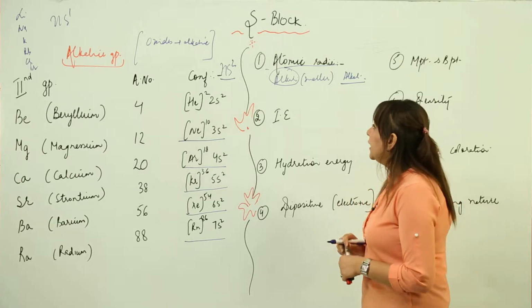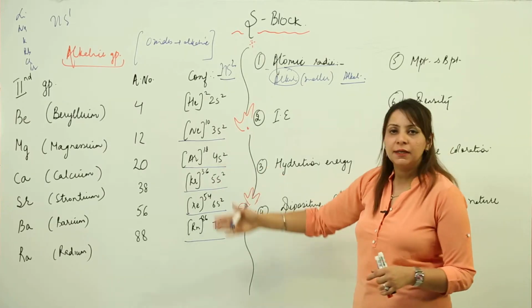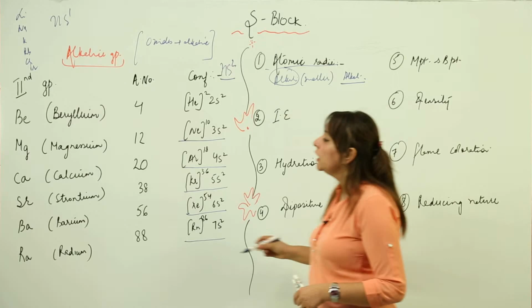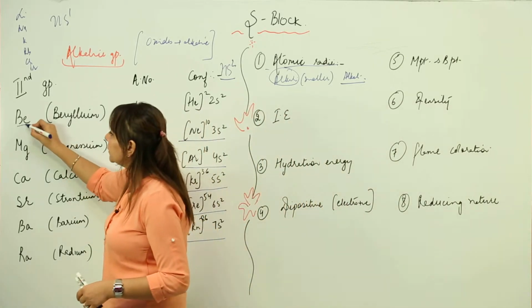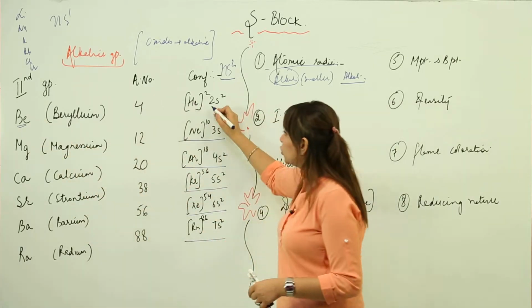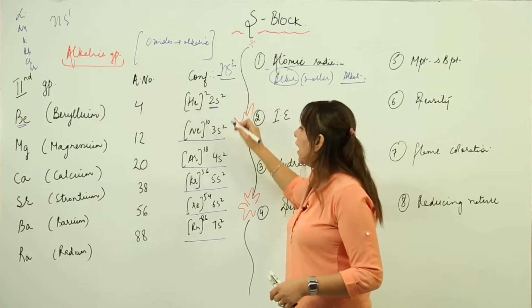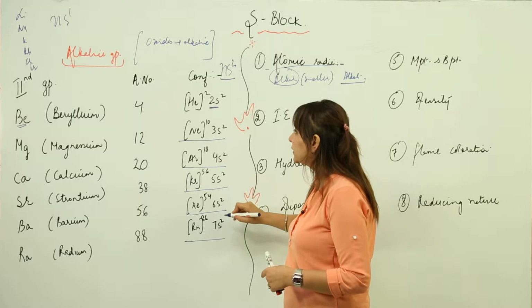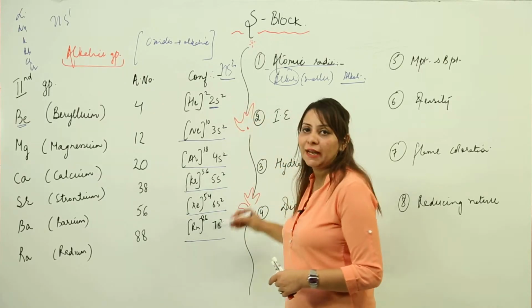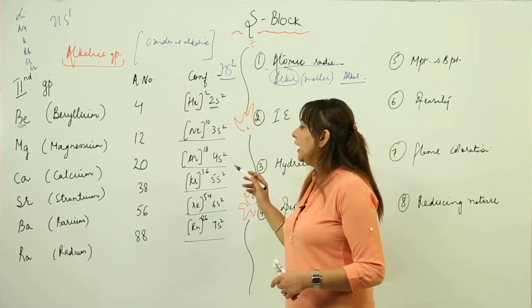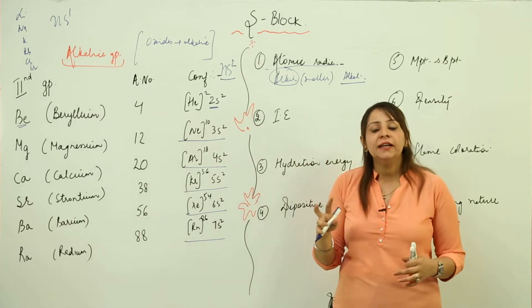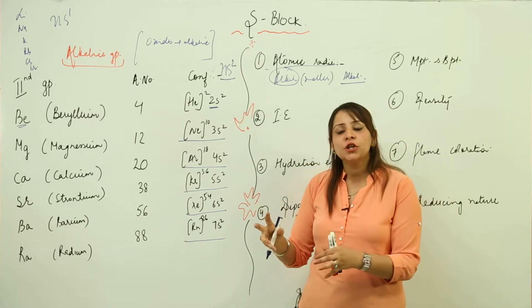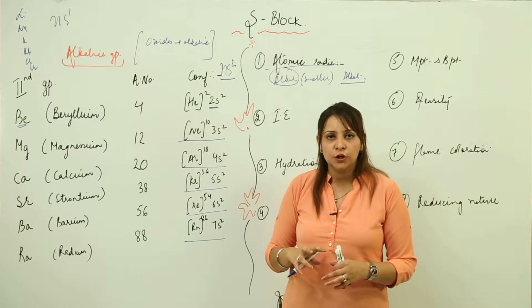If we compare the alkaline earth metals among themselves, beryllium is the smallest one. As you can see, it has a 2s2 shell, then the shell goes to the third, 4th, 5th and 6th. Every time a new shell is being added, nuclear charge is also increasing and the screening effect is also increasing.